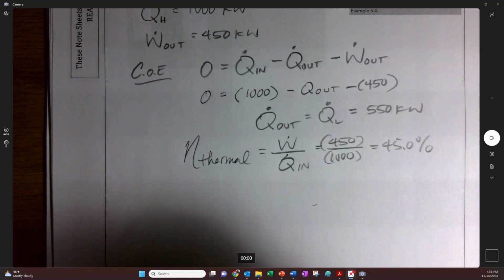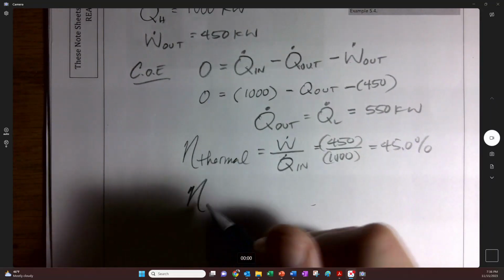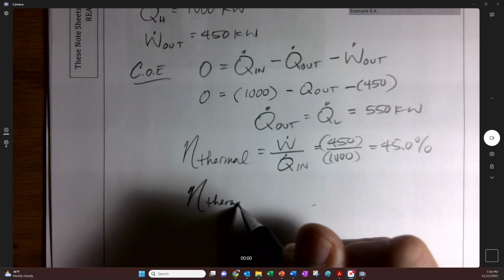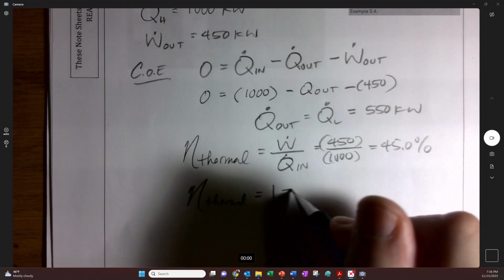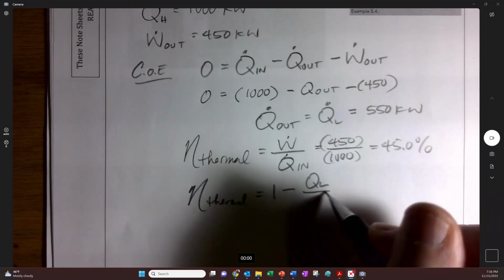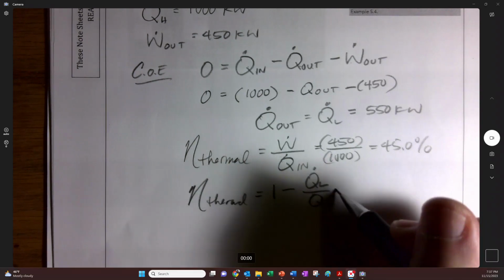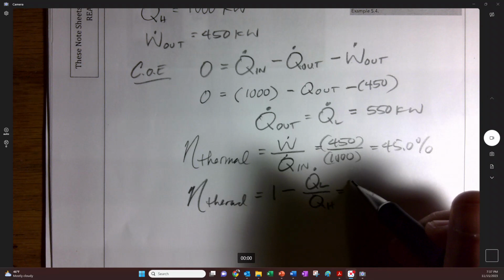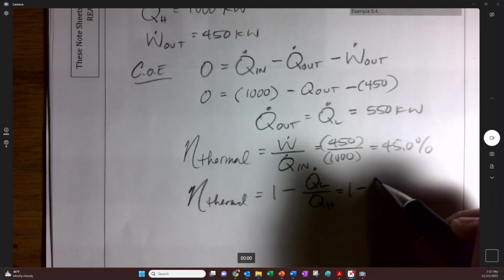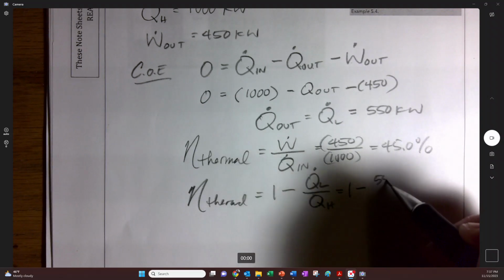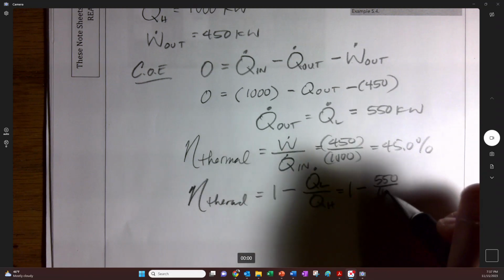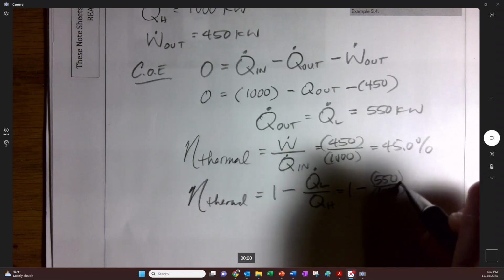You could also write the thermal efficiency as 1 minus Q dot L over Q dot H, so 1 minus 550 over 1,000, and you'll get the same thing.